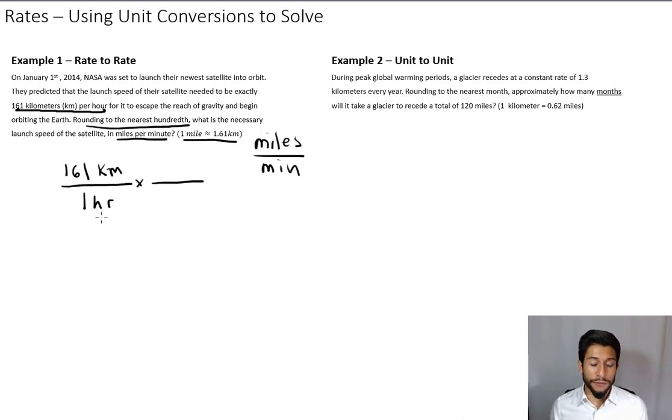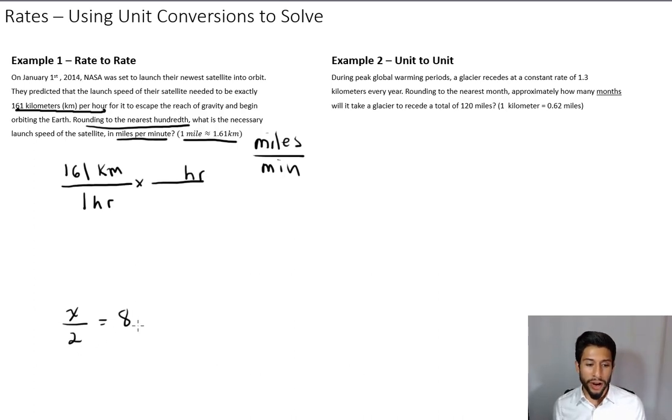So, if you've taken chemistry and you remember chemistry and you weren't traumatized, in order to cancel out the hours down here, I need to have hours up here, right? Units, when they are diagonal from each other, will cancel each other out. It's the same way that, for example, if you had x over 2 equals 8, right?